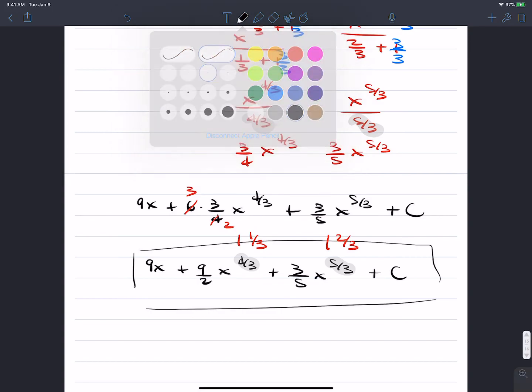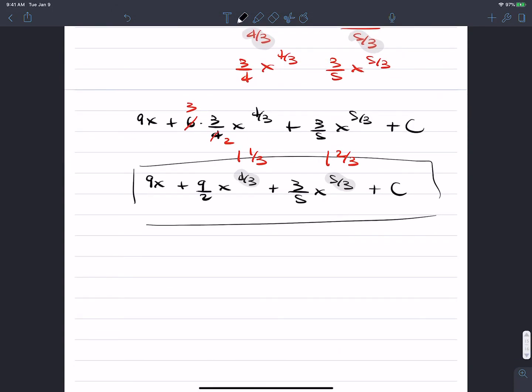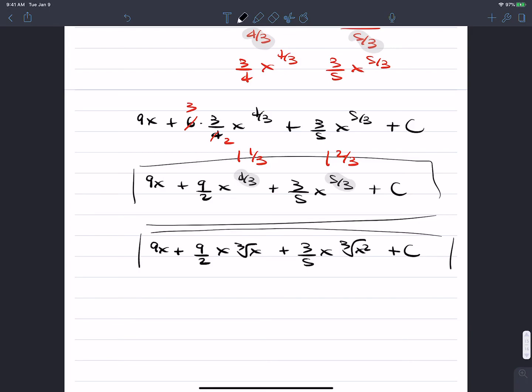So when you write this as a radical now, this will become 9x plus 9/2 x times the cube root of x plus 3/5 x times the cube root of x squared plus the constant, because we wrote these exponentials with rational exponents as radicals. And there you go.